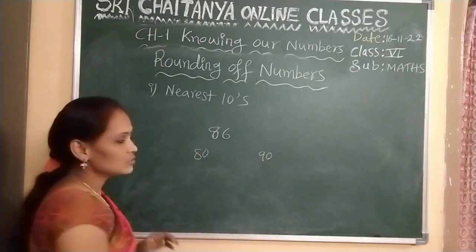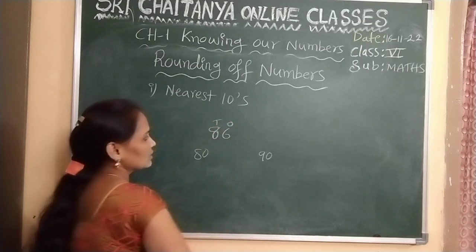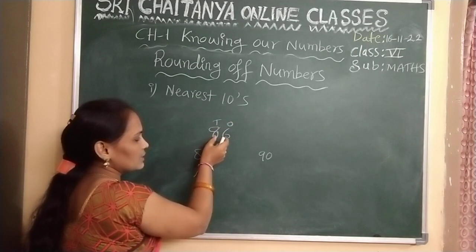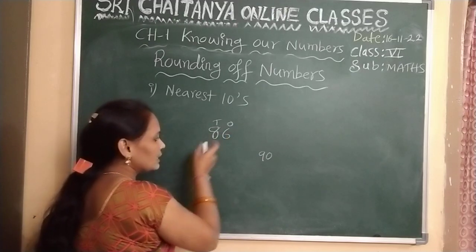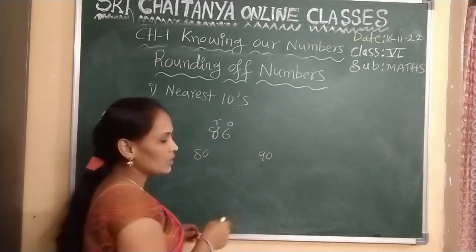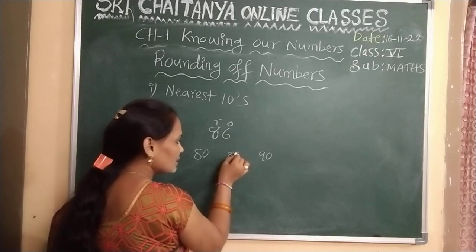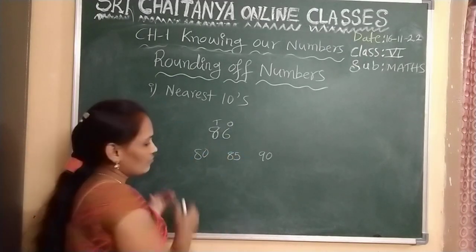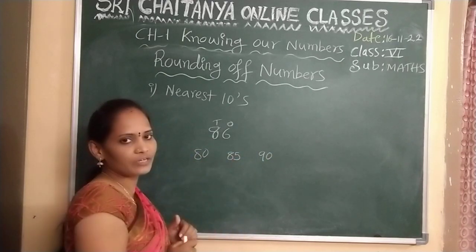Yes or no? So we are talking about tens: ones, tens. Right? Now this 2-digit number 86 lies between 80 and 90. Here the exact middle number is 85. For 80 and 90, the exact middle number is 85, right?